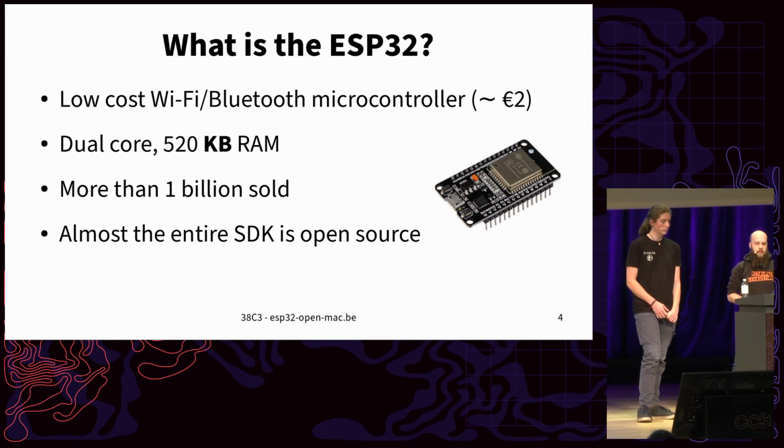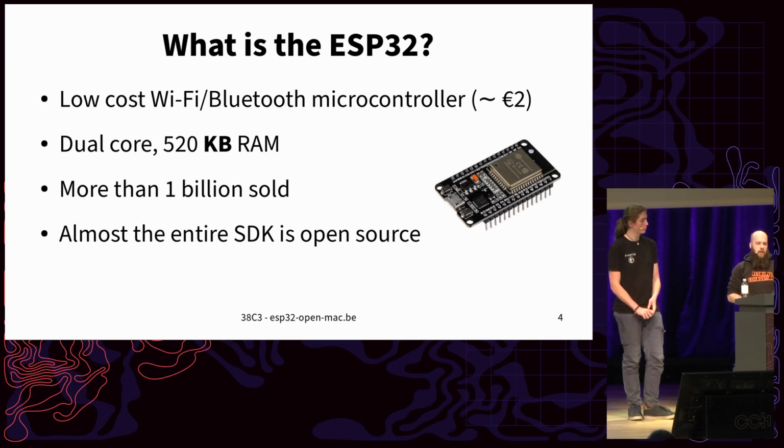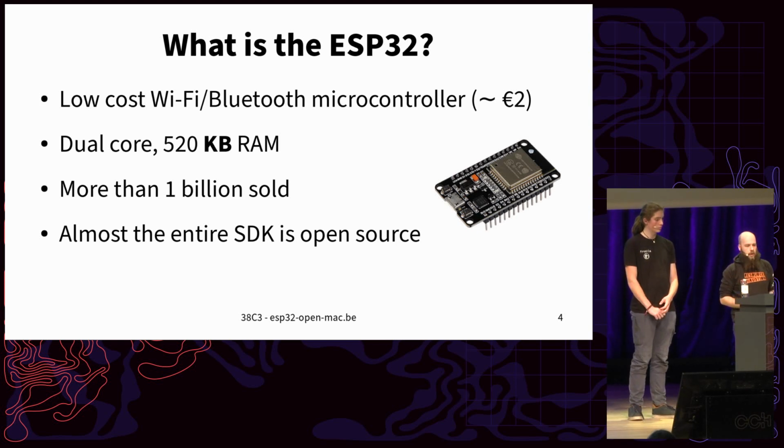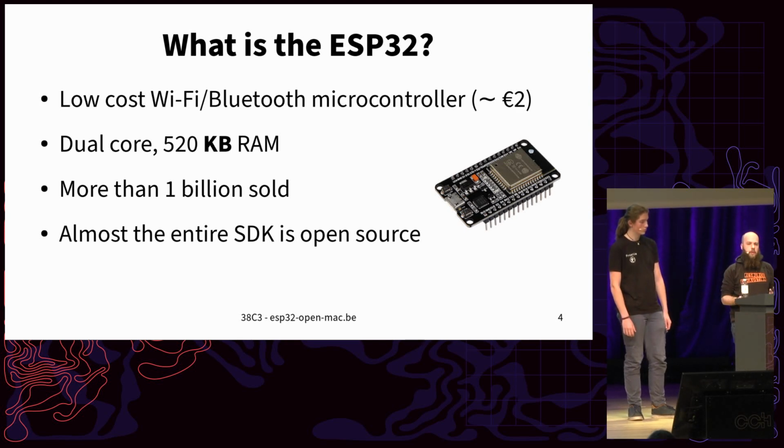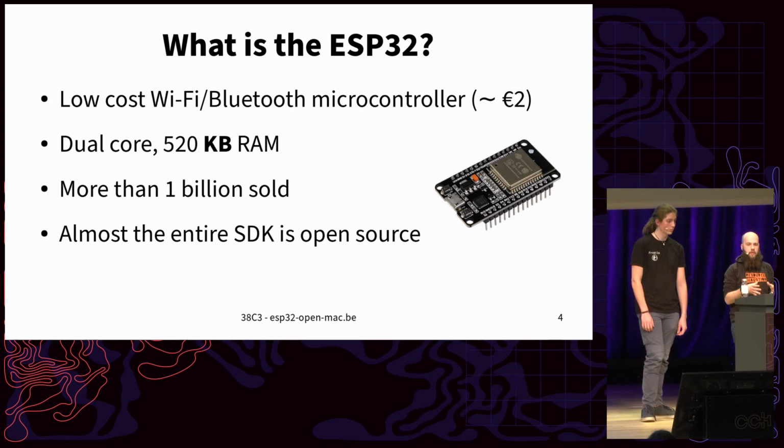For example, there's like this RISC-V variant that also supports the 5 GHz Wi-Fi, the ESP32C5. But confusingly enough, there's also an ESP32 variant without a suffix, and that was the first one to be released. And that's what we'll be talking about today. So our work really only covers this one specific variant.